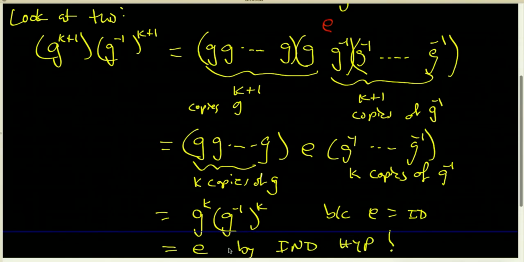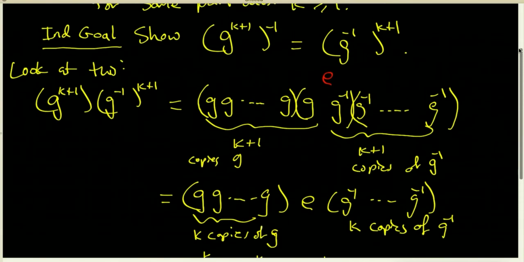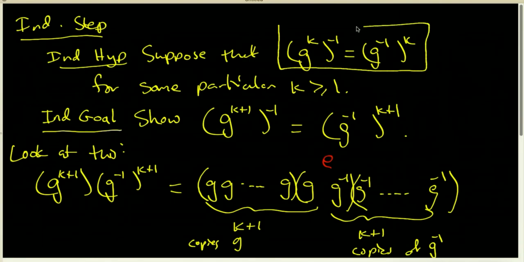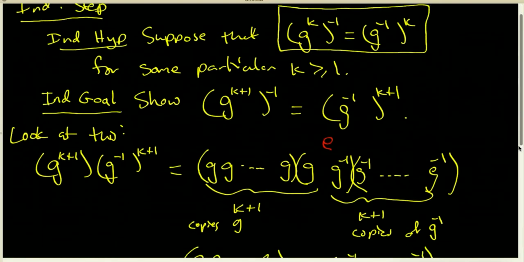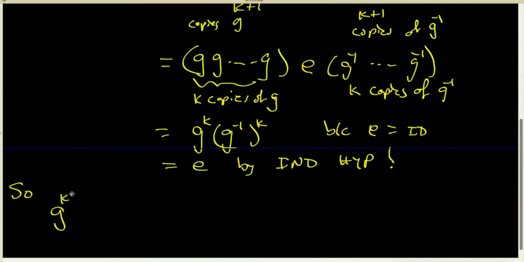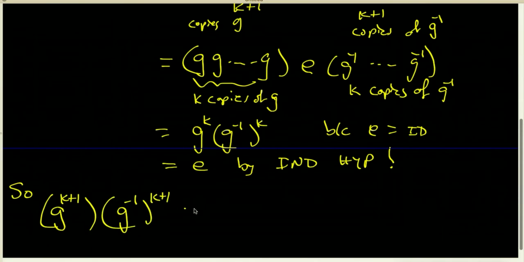That's where my induction hypothesis kicked in, and I want to stress that by going back and reminding you that the induction hypothesis is this step here, and that is exactly what we use when we go from here to here. So what I know now is that g to the k plus 1 times g inverse to the k plus 1 is equal to the identity element.